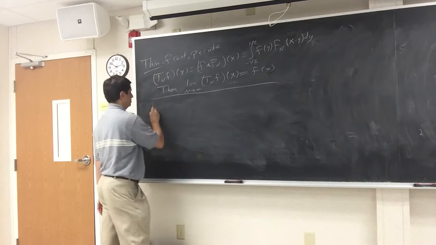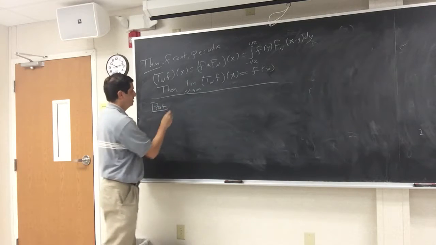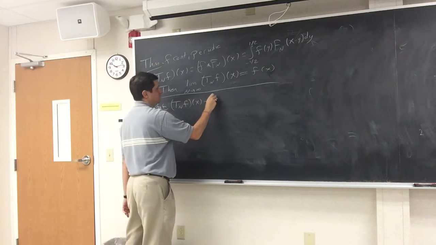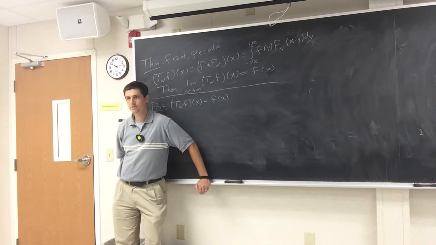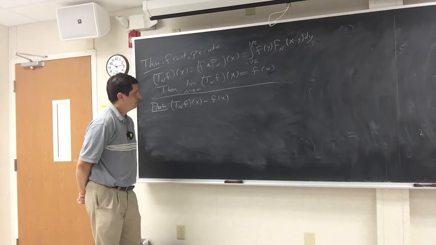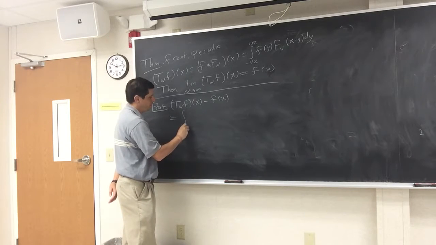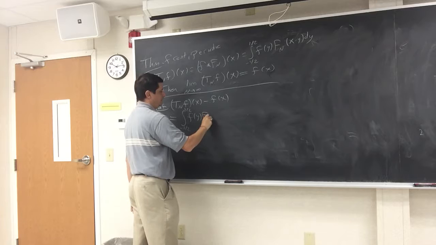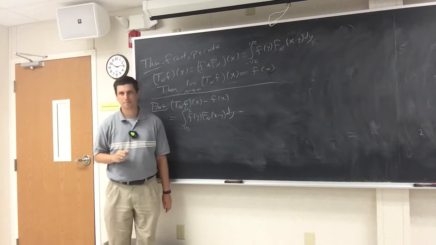Okay, proof. Well, it seems to make sense to look at Tnf of x minus f of x. Let's show that this is going to 0. Well, Tn of f is the integral from minus a half to a half of f of y Fn of x minus y dy, minus f of x.